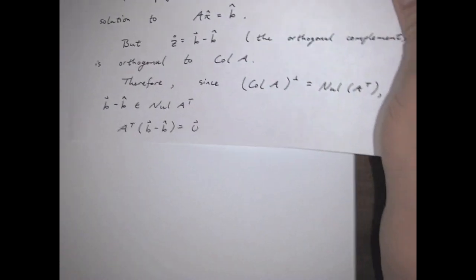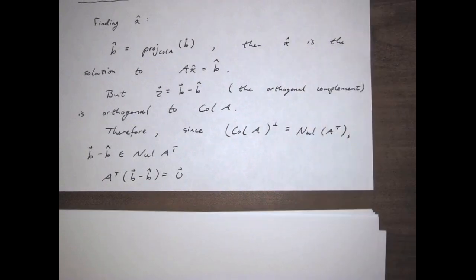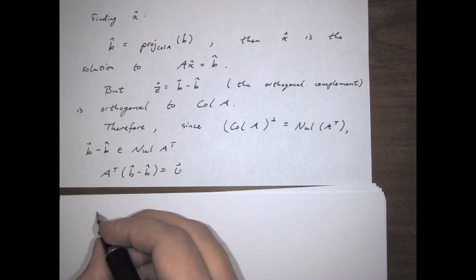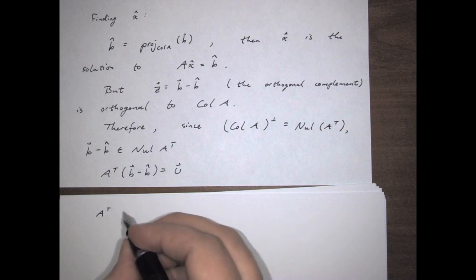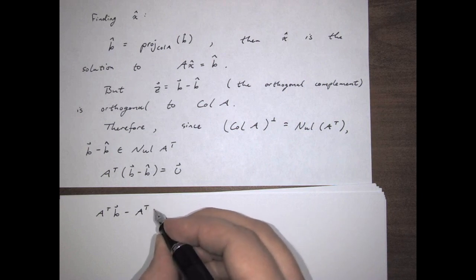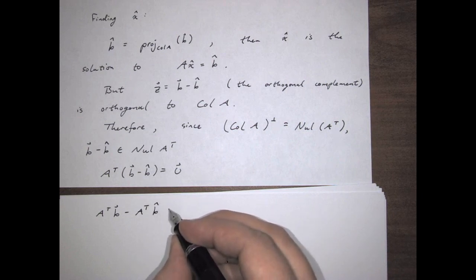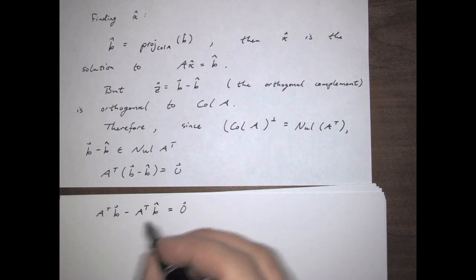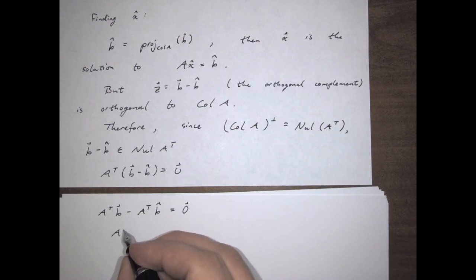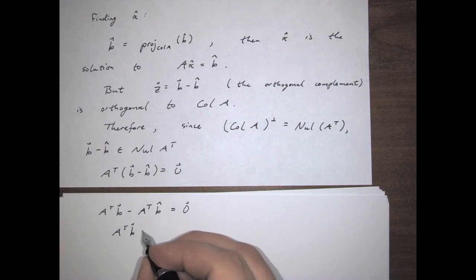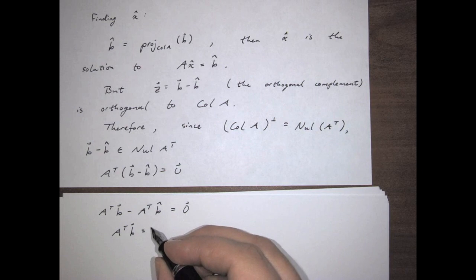Which in turn means that, because matrix multiplication here is distributive, A transpose b minus A transpose b hat is equal to the zero vector, which if we add this to both sides gives us A transpose b equals A transpose b hat.